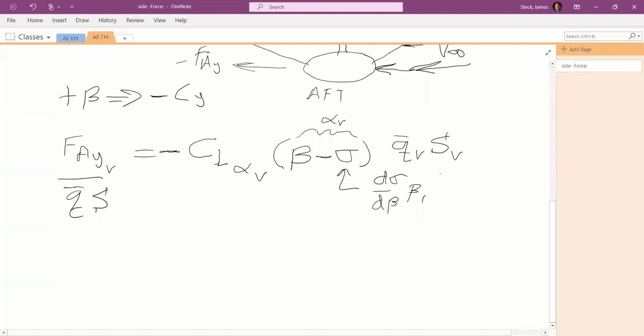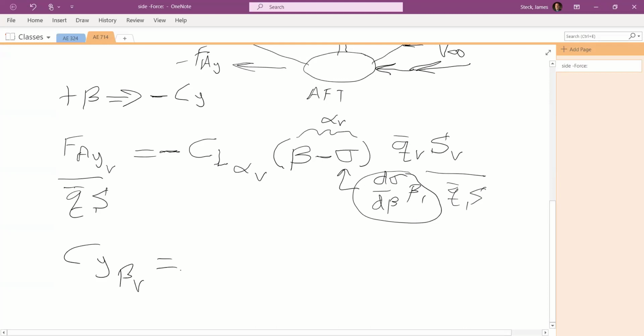And then we're going to convert it to a coefficient. So we're going to divide by Q bar S. And then we get the normal ratio of the dynamic pressures. And we get the normal ratio of areas. And that gives us Cy beta of the vertical tail.